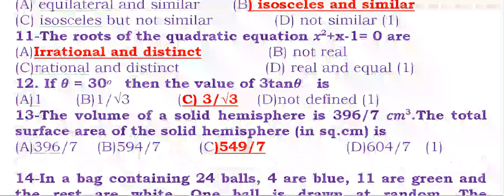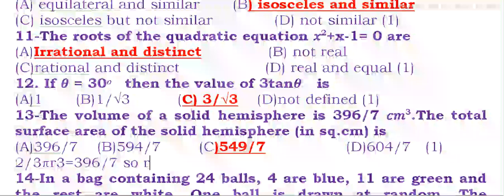In this, 2 by 3 pi r cube is equal to 396 by 7.